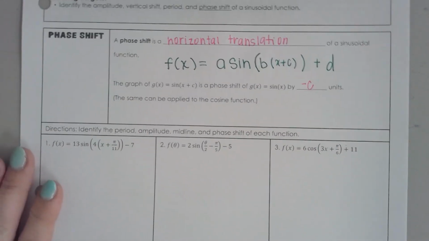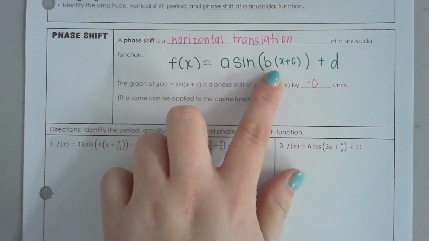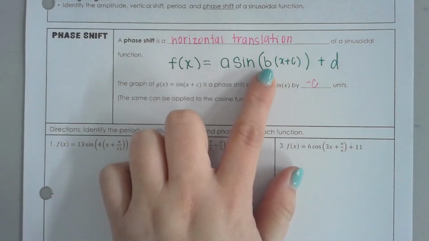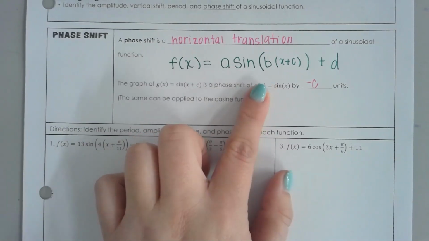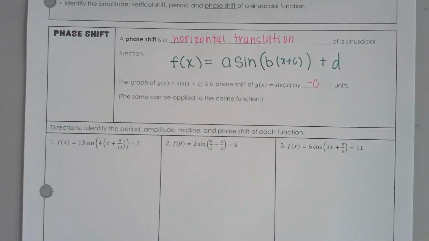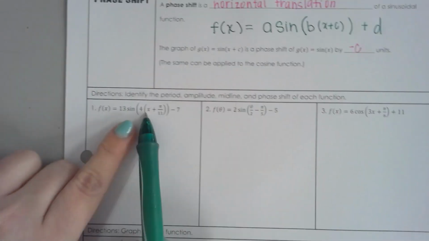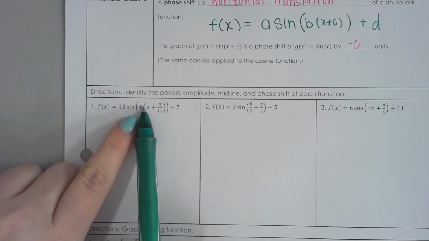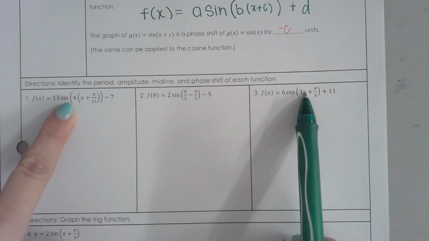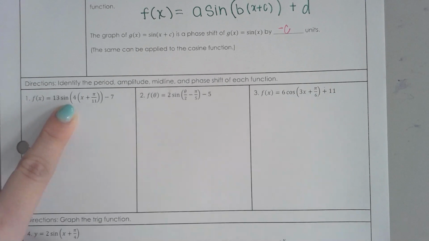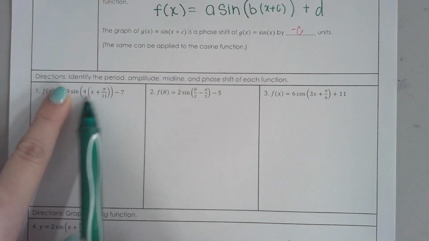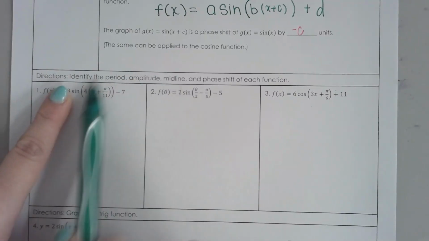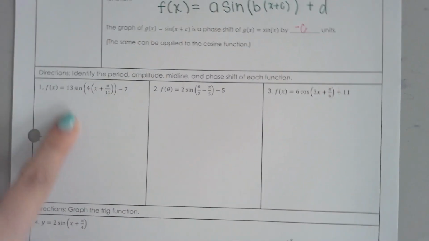Now the thing is, if there's a number in front of the x, and we'll see some examples like this, you have to factor out the b value. See here in number 1, see how that 4 is factored out? But here in number 3, it's not. For you to do it correctly, if you have a b value other than 1, it has to be factored out.